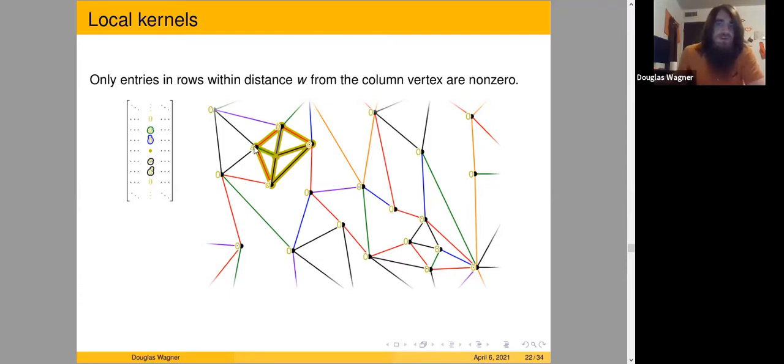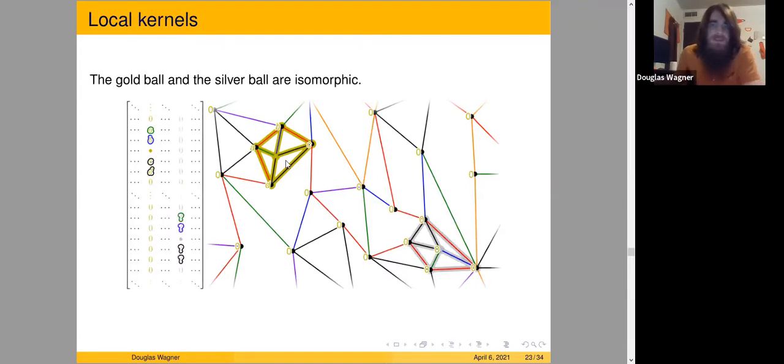So these values come from the vertices, but there's a reason I wanted to include the edges within the definition of this ball. And that is, if we look at this silver vertex, the radius 1 ball around it is actually the same as the gold ball. You see, they both have these black triangles.